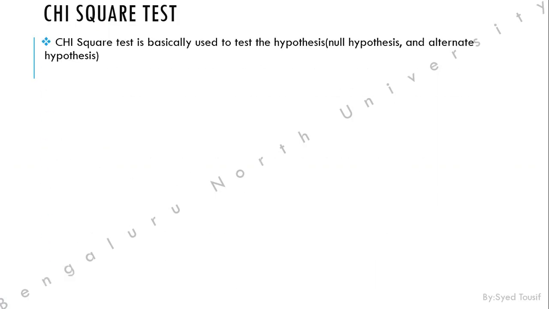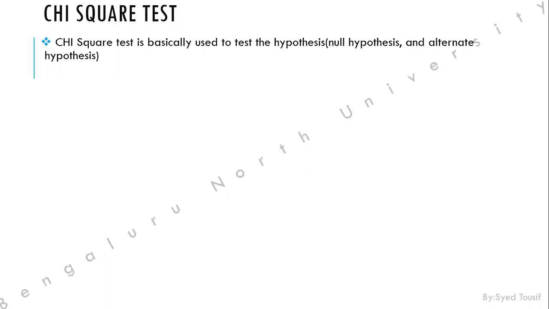First of all, the chi-square test is basically used to test a hypothesis. Remember, whenever you propose any system, we make some hypothesis, meaning this system works like this. For example, in the last session we discussed the t-test, where the company was claiming the mean lifetime of an LED bulb was 20 months.